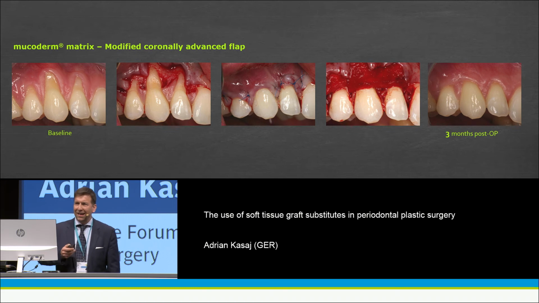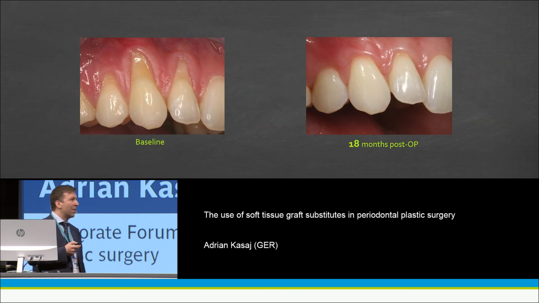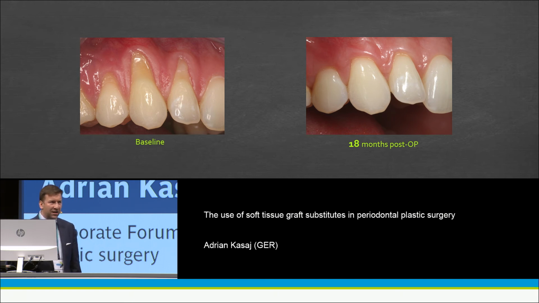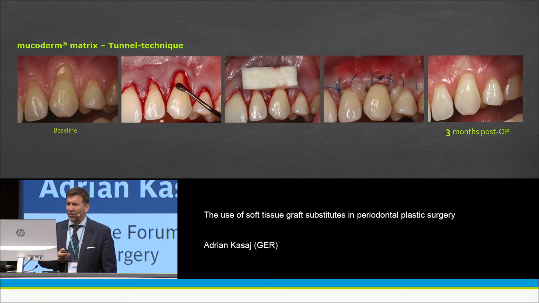You see the healing at 3 months post-operative, and the final outcome 1.5 years post-operative in comparison to the baseline situation. And again, the coverage is good. You have a nice thickening of the marginal tissue, and overall the aesthetic parameters are quite good, and we achieve this without using autogenous grafts.